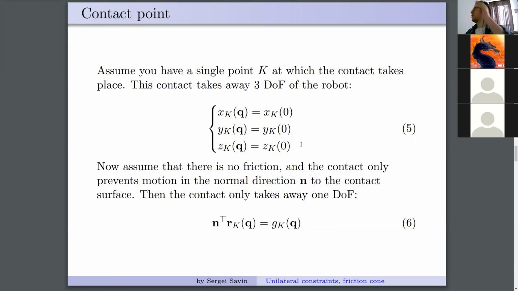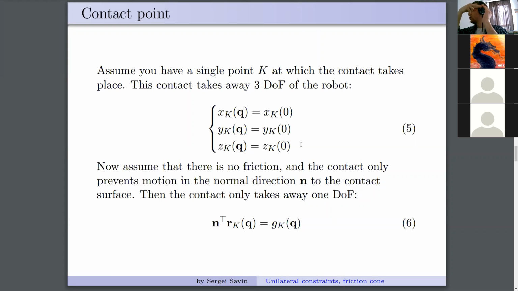Why? Well, imagine if your surface is actually not a wall, but something like this, like what I draw here with my hand. Your contact point cannot penetrate, but can move along the surface, right? Can move kind of like this. So then, imagine that this is your robot, okay?